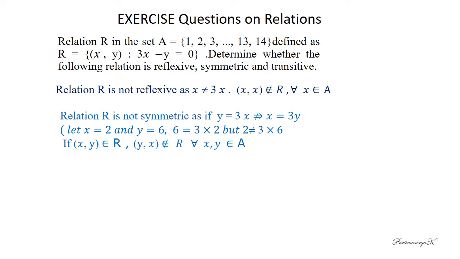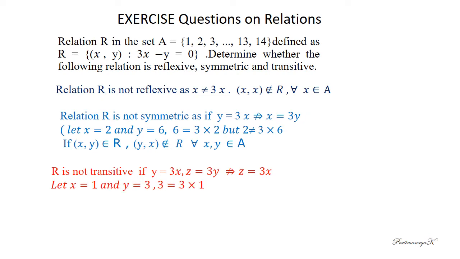Now, relation R is not transitive. If y is equal to 3 times x, z is equal to 3 times y, then z is not equal to 3 times x here. For example, x is equal to 1 and y is equal to 3. 3 is equal to 3 times 1. z is equal to 9. 9 is equal to 3 times 3.